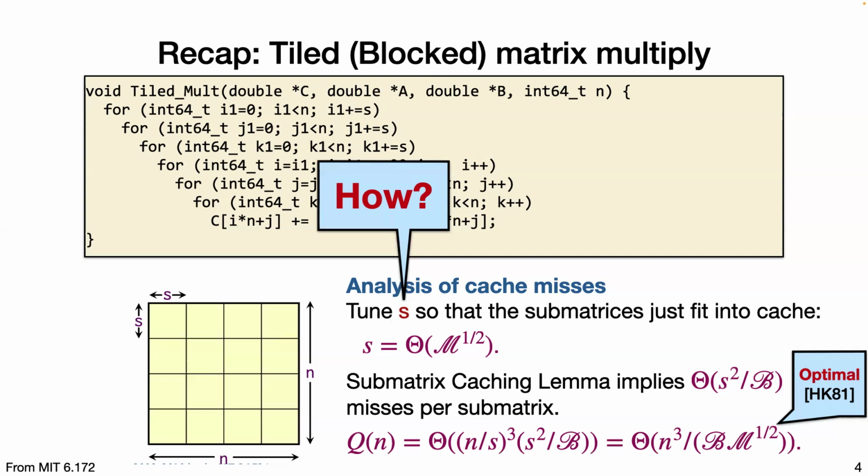The work of matrix multiply is n cubed, but now it's n over s because you've cut the subproblems, so n over s cubed is how many submatrix multiplies you have to do. And the cache misses to bring in each one is s squared divided by b, because you just need to bring the matrices into cache.